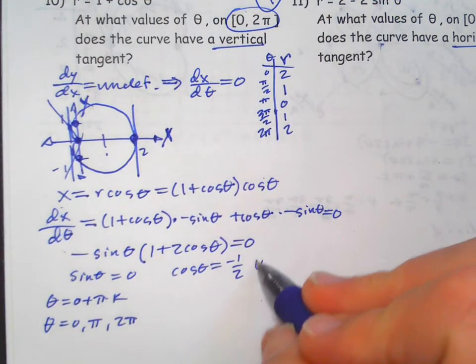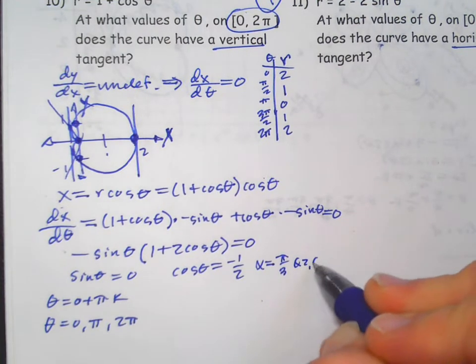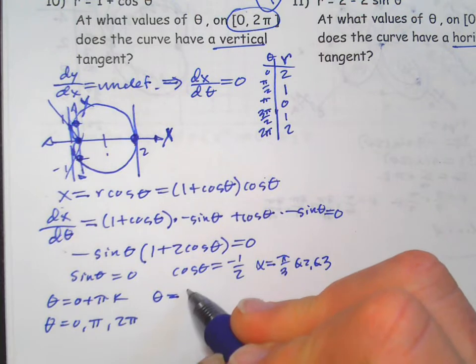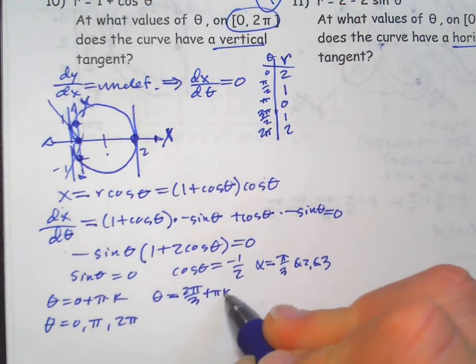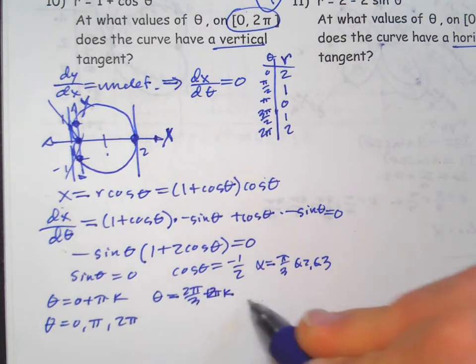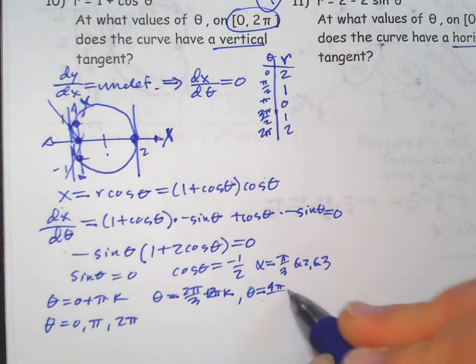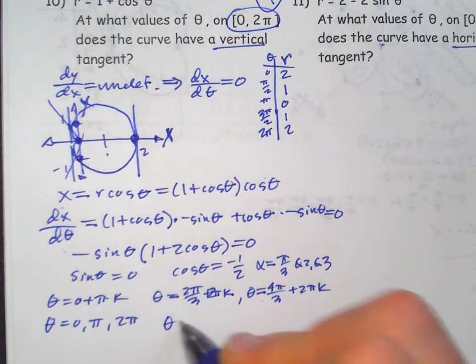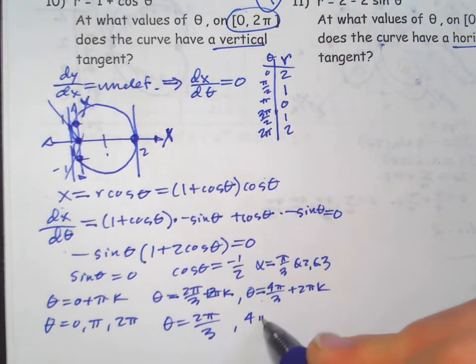This is going to be a reference angle of π/3. Quadrants 2 and 3 are where it's negative. So θ equals 2π/3 plus 2πk, and θ equals 4π/3 plus 2πk. So we get θ equals 2π/3 and 4π/3.